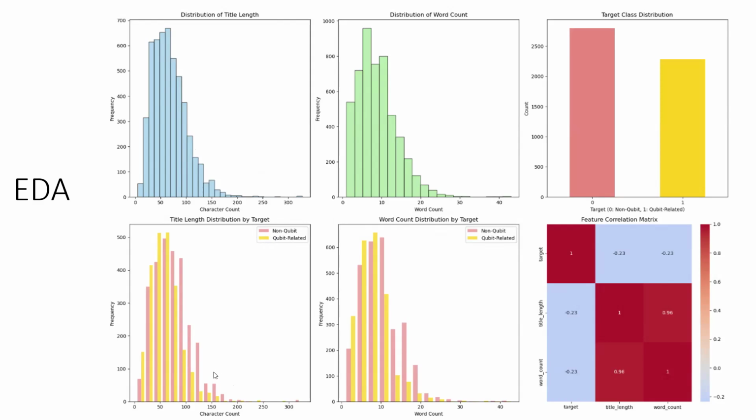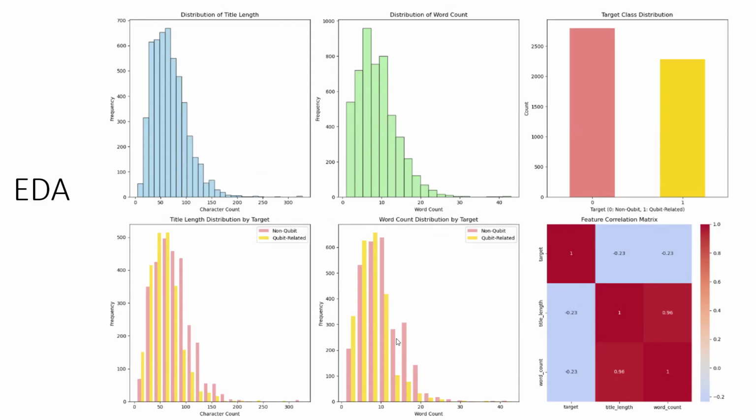Correspondingly, between 0 and 50, there are more patents with qubit-related titles that have less than 50 characters. Similarly, with words, the non-qubit related titles seem to have more words, and the qubit related titles seem to be a little shorter.